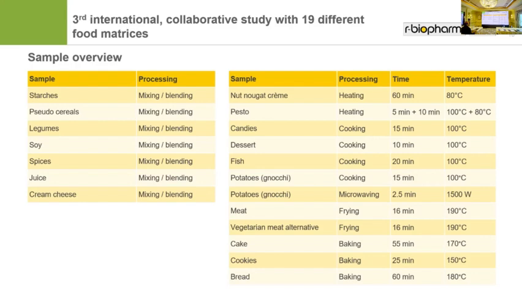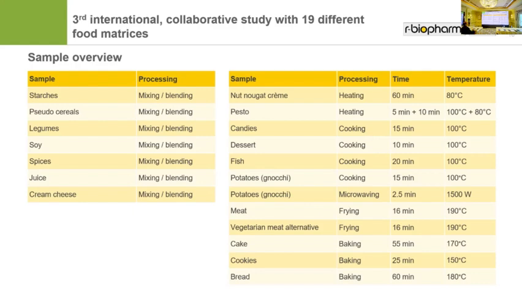On the right side you see really a wide range of different types of foods, from sweets, from pastries to sauces like pesto, to meat, vegetarian alternatives we included, and as you see, fish.